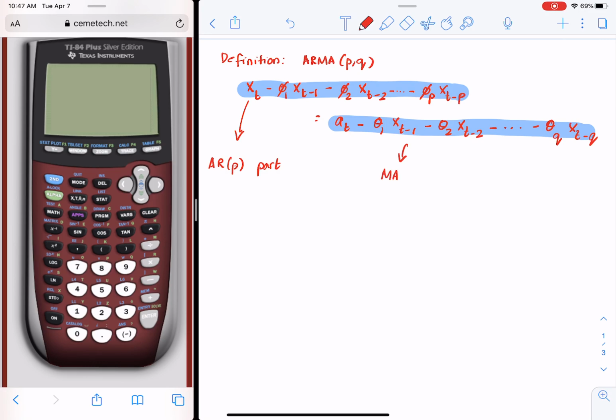Oh, I made a mistake. Let me fix that right now. So you should have noticed that the MA models are based on the noise, so it should be a sub t, not X sub t. So that would be the MA(Q) part of the model.